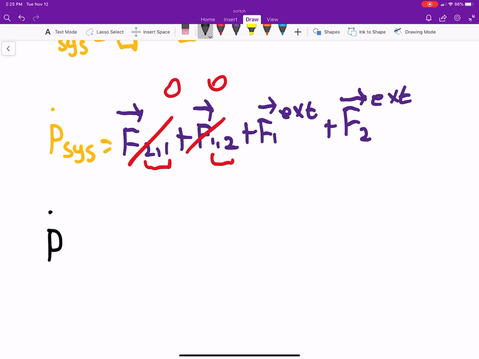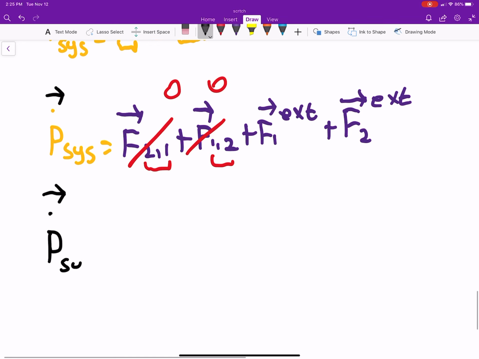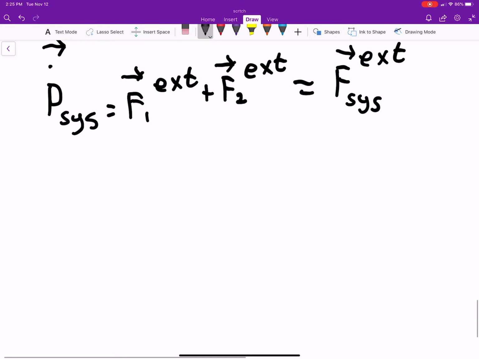So the change in momentum, that's a vector, cool, I've been keeping my arrows for the most part, of our system is just force 1 external plus force 2 external. And we'll call that our total external force on our system. Okay? So what does that mean? Well, I'll do this in a different color because it's kind of the big idea.